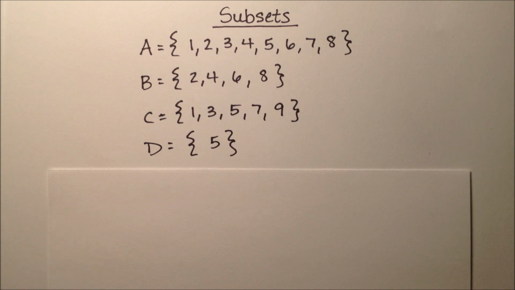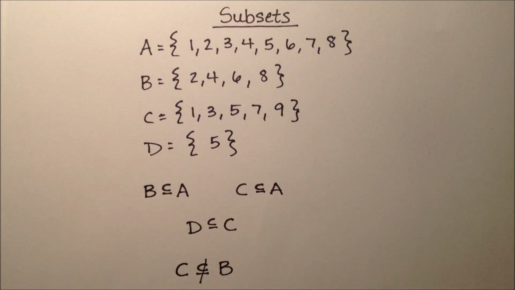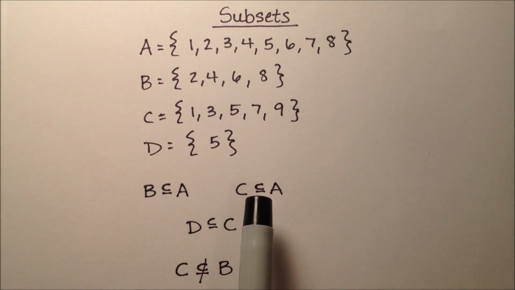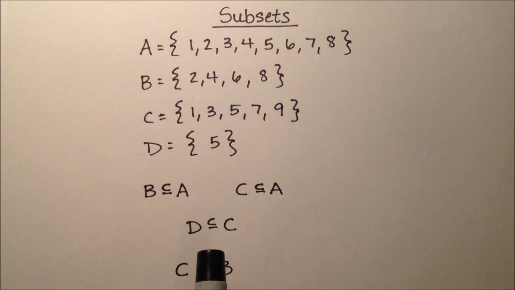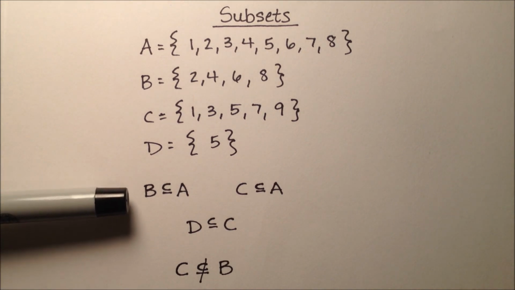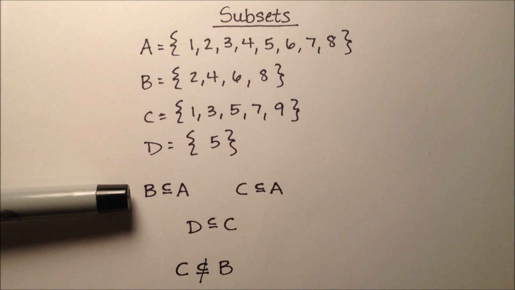So let's look at how we write these. We're going to have another symbol, and it's going to be our subset symbol, as shown in these examples. And similar, we have is not a subset, where we just take our subset symbol and put a slash through it, saying not. So in the first example, we're saying that set B is a subset of set A. All of its members are there.